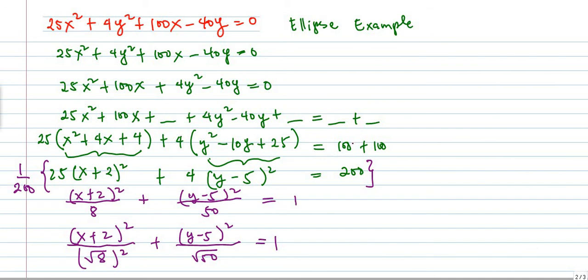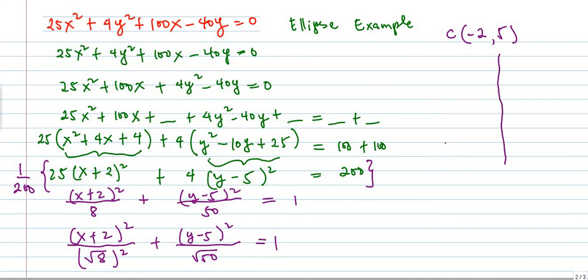Okay, so, if we plot this one, our center is located at negative 2, 5. The center is located at negative 2 and then 5. That is the center of the ellipse. X equals negative 2, y equals 5. So, any question muna?